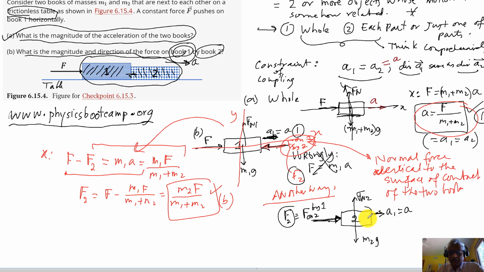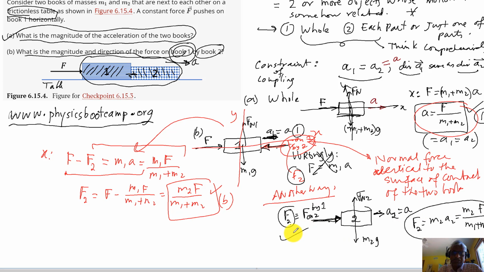So if I apply Newton's second law on this guy, there is only this force. F2 will be m2 A2, and putting in A over there, m2 F over m1 plus m2.